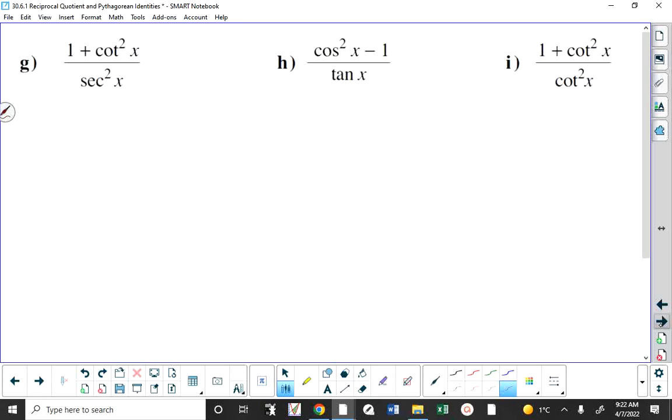Now, there's two things that we can do here with this question. We could write everything in terms of sine and cosine, but I see 1 plus cotangent squared of x. I'm going to open up a formula sheet here so I can refer to it.